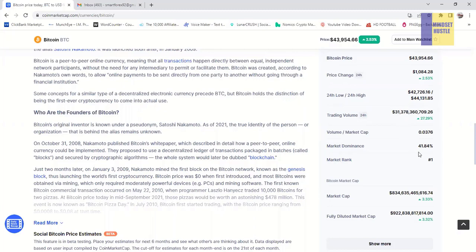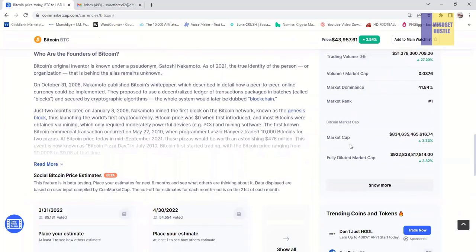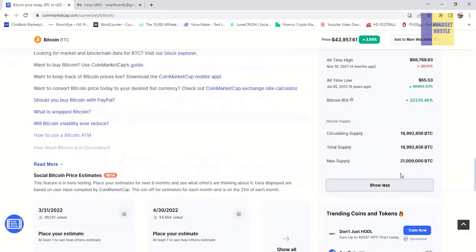That was the trading volume. You can see the market dominance, 41%, and it is ranked number one on CoinMarketCap. And you can also look at its market capitalization, which is this, and also the fully diluted market capitalization, which is also this. Click on show more.